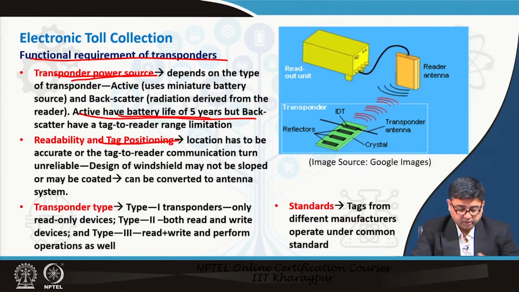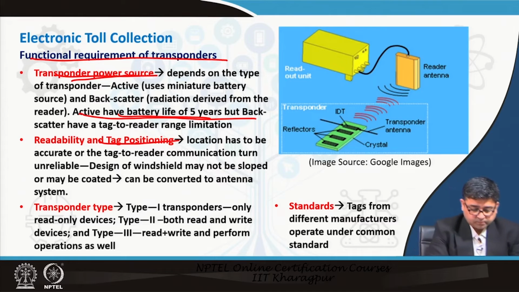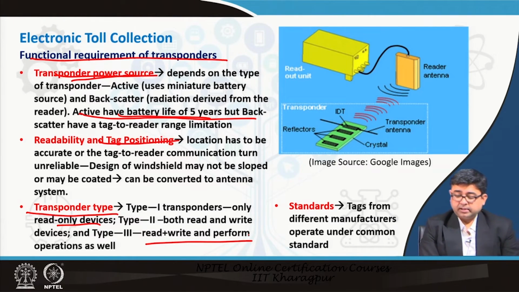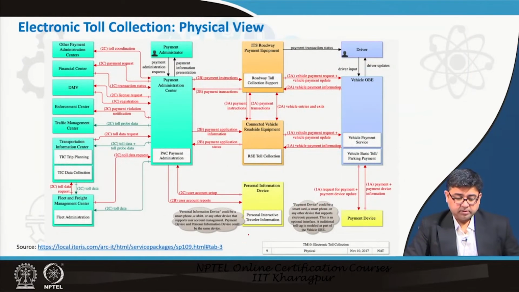You have to think about which type of transponder you want to have, a transponder that can only read devices but cannot write or overwrite anything, or a transponder type 3 which can read, write and perform operations as well, right. All of those things you have to design in a very detailed fashion.